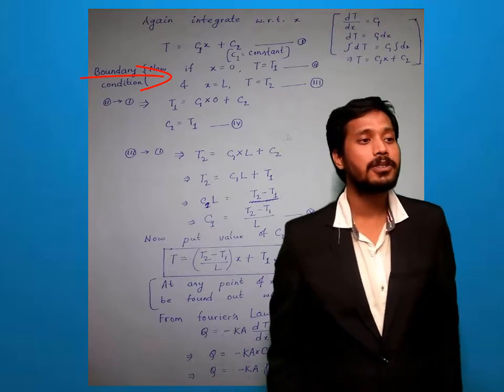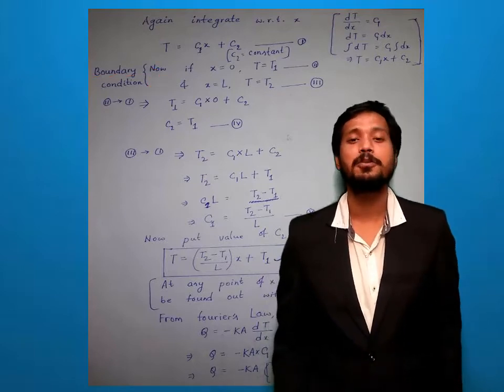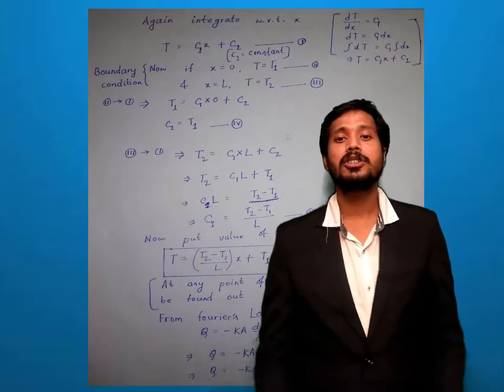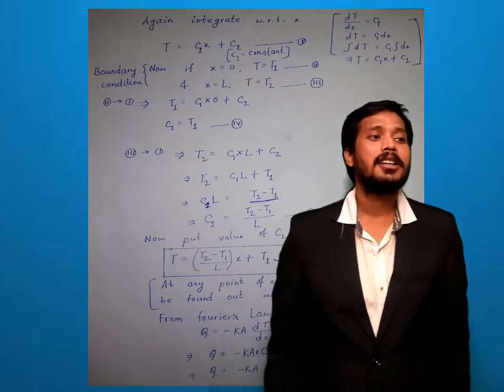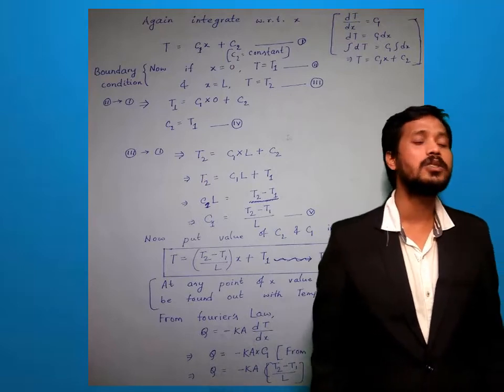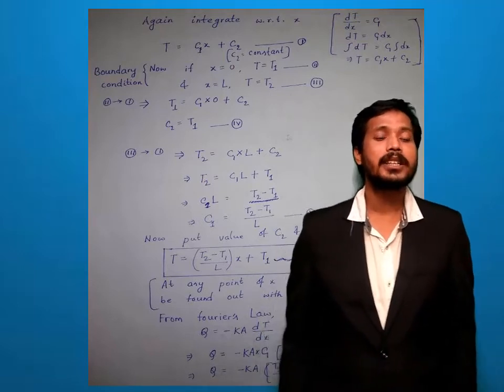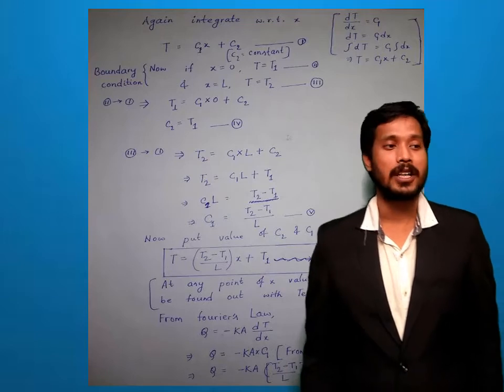Now from these equations, if we put the boundary condition into equation 1, then we get T1 equals C1 into 0 plus C2. So finally we get the value of C2, how much? T1.